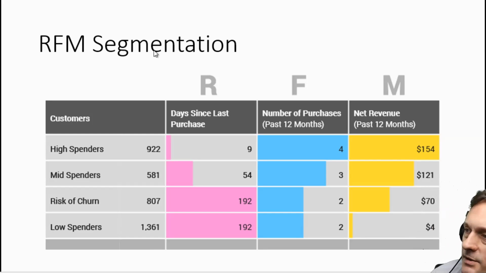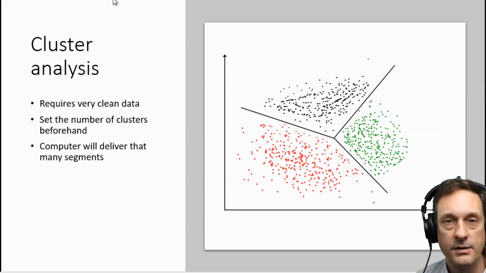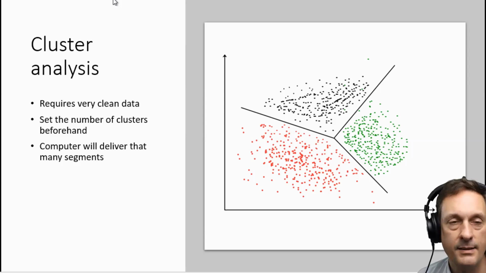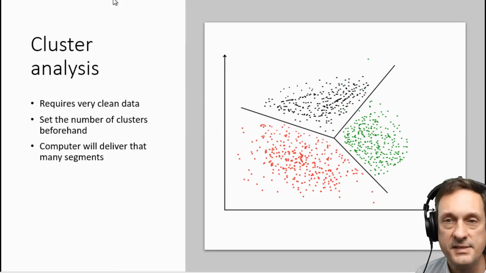All right. Here's the real out there way of segmenting, and it's called cluster analysis. And so what you do is, first of all, you have to have very clean data. You have to have all of your customer names. And actually it could be any data, but it should be stuff that distinguishes people.